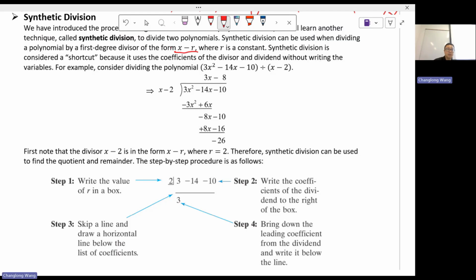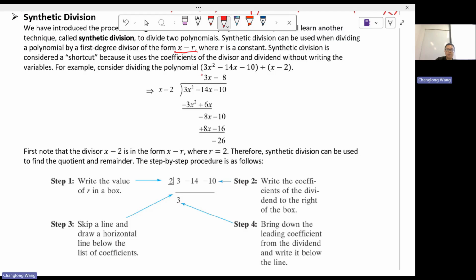Please make sure that the first degree divisor must have a trivial leading coefficient. It has to be 1, and that r doesn't have to be positive.